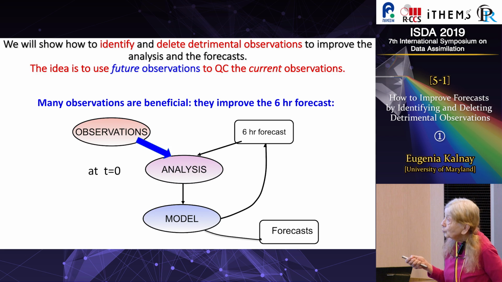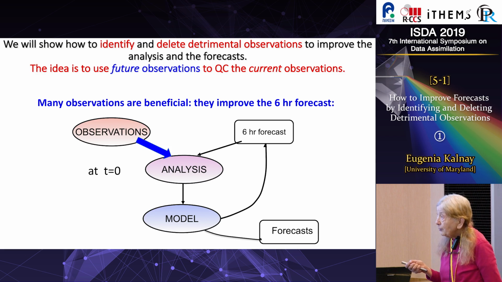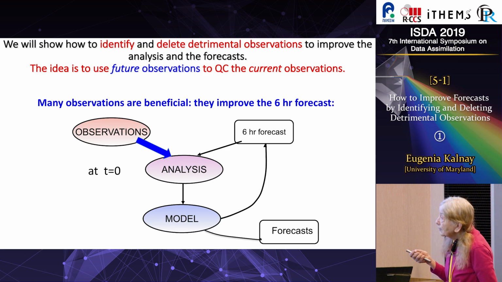The idea is to use future observations to quality control the current observations. In general, there are many observations that are beneficial, and beneficial means that they change the analysis in such a way that the forecast gets better.